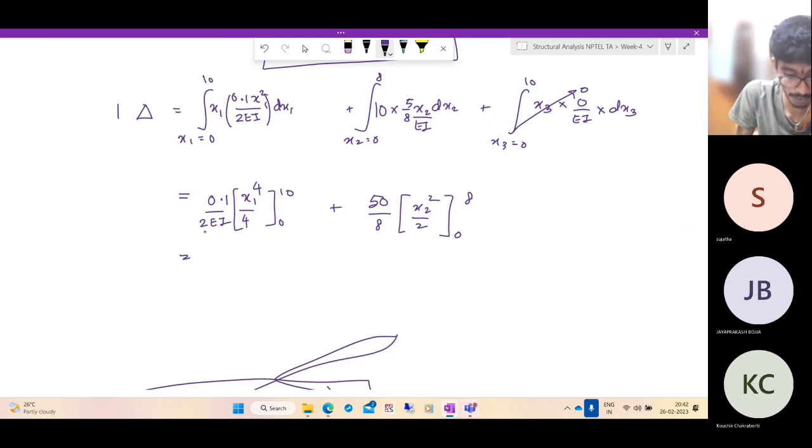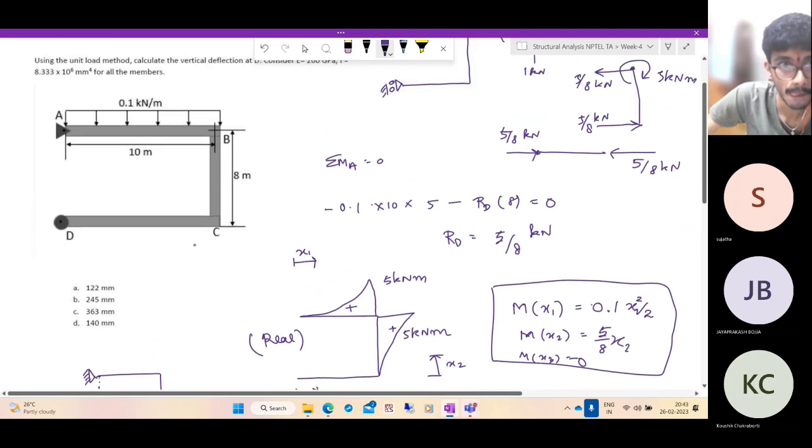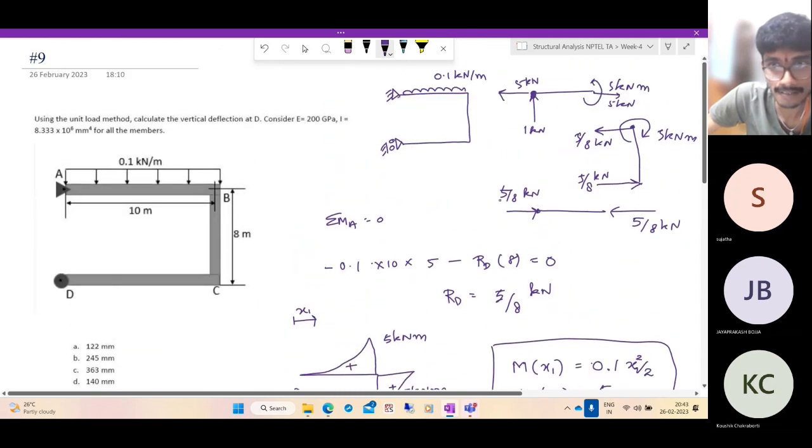X1, so 10 power 4 by 4 into 0.1 by 2 plus 50 into 8 square by 16. Let us check.